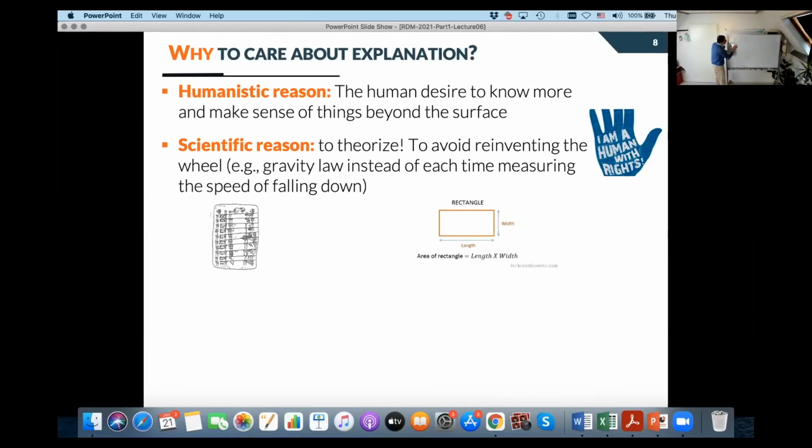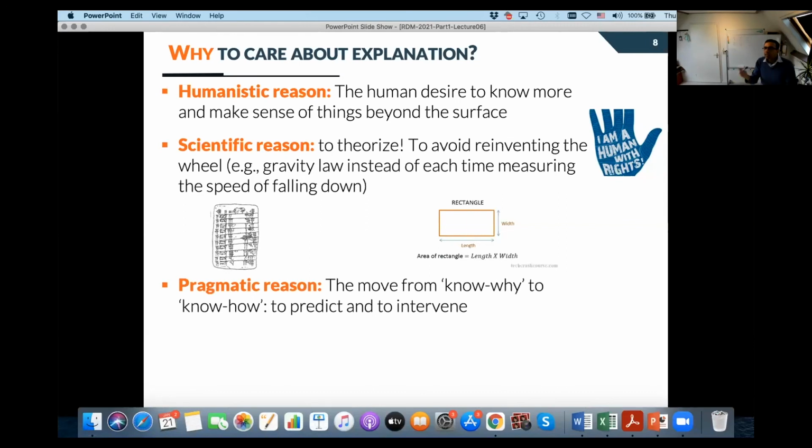If it is two and the other is two, the area is four, and so forth. That was their way of calculating and documenting the measurement system. The other civilization had the formula, which is simply multiplying the two sides. So the multiplication formula is the theory, is the explanation.